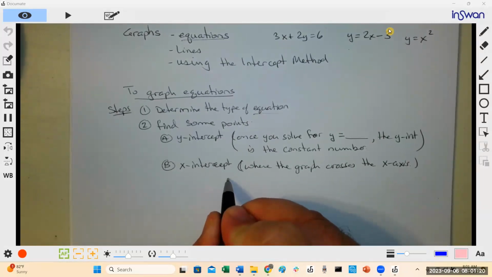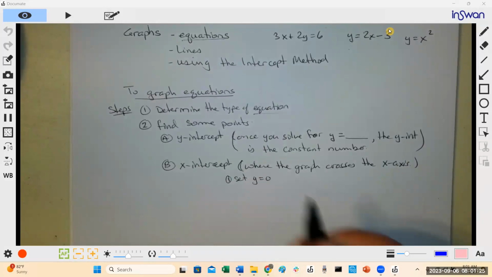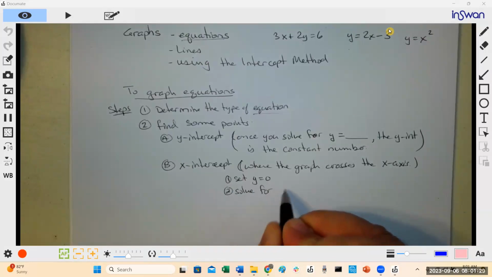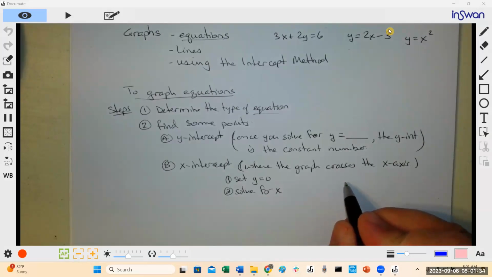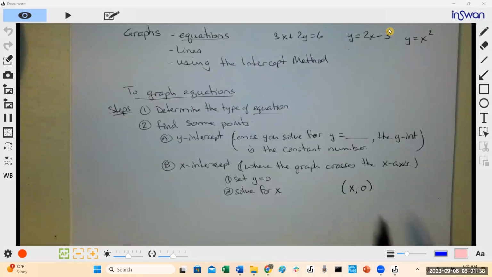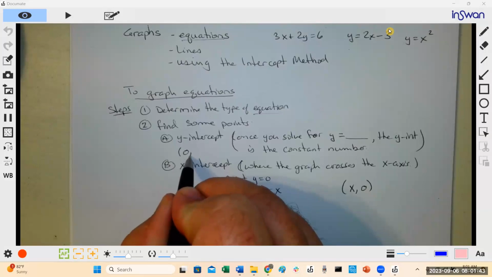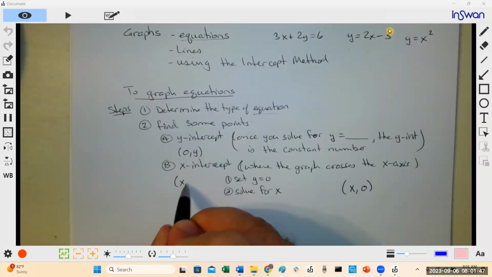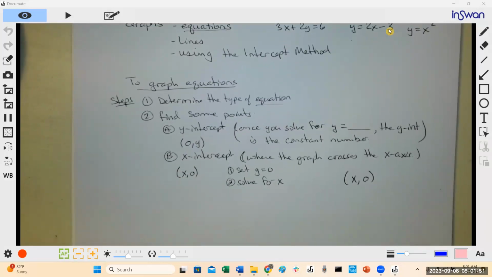You do this by setting y equal to 0 and solving for x. The x-intercept will always be in this form. The y-intercept will always be in that form.